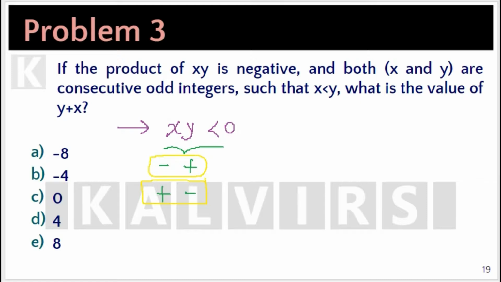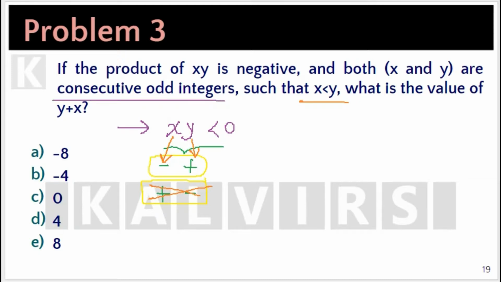Now, the problem states as well that x is less than y. Therefore, x must be negative and y must be a positive integer. This case is discarded. Finally, both x and y are consecutive odd integers.